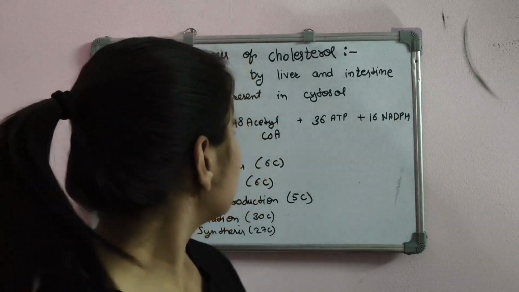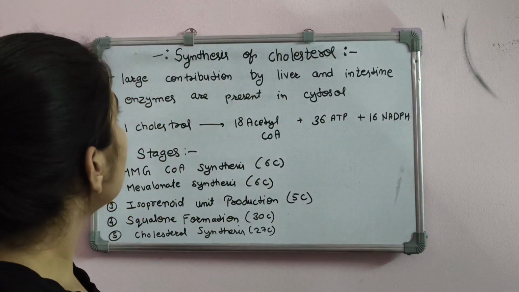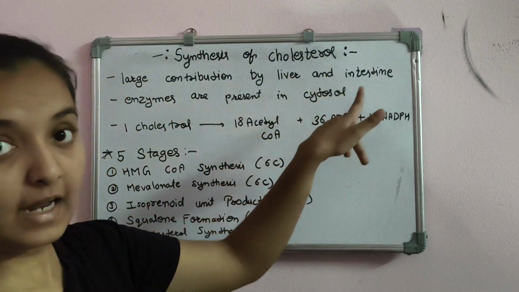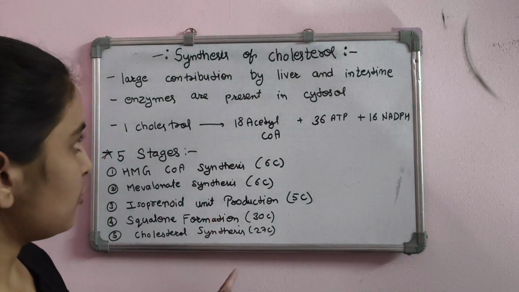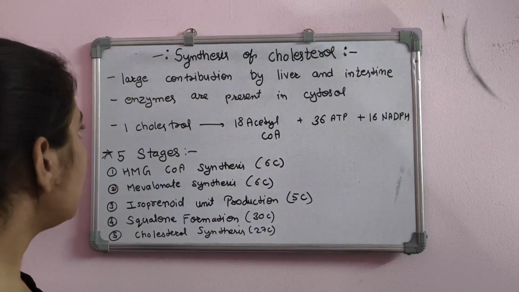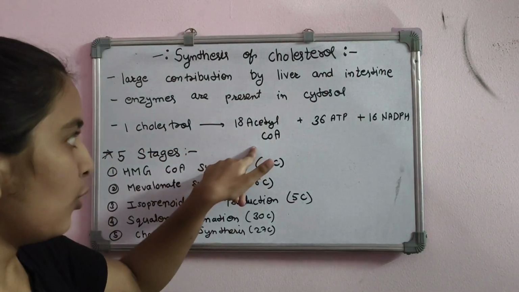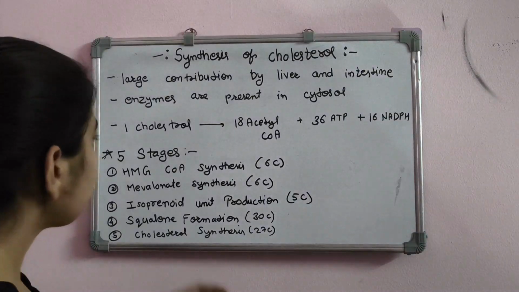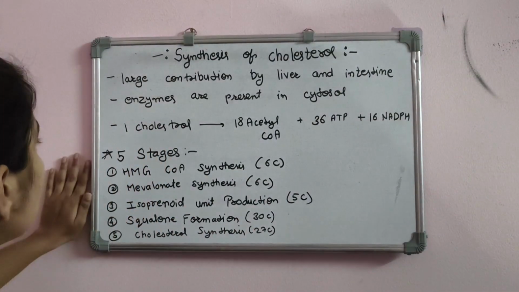Synthesis of cholesterol is the first topic in metabolism of cholesterol. The major contribution is by the liver and intestine, and the enzymes required for synthesis of cholesterol are present in the cytosol. For the synthesis of one cholesterol, 18 acetyl CoA, 36 ATP and 16 NADPH are required. Synthesis takes place in mainly 5 stages.